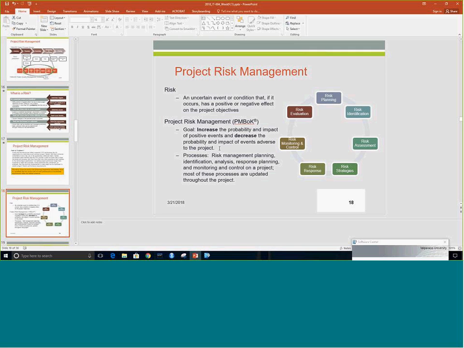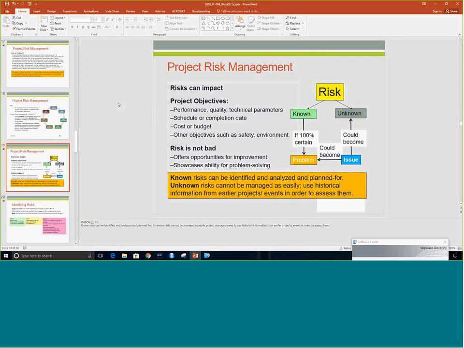We have risks that, in fact, are negative to our project outcome. So for that, we start with risk planning and risk identification and risk assessment. We determine what our risk strategies, our risk responses are, and then we continue this entire cycle throughout the project, right? Risks typically can impact project objectives in terms of performance, quality, technical parameters, schedule or completion dates, cost or budget, or other objectives, depending on the industry in which you are running your project, right?